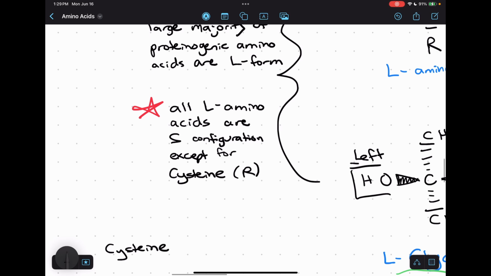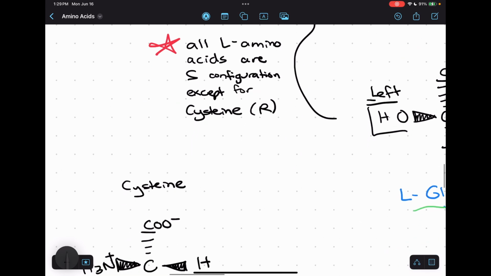It's important to know that all L amino acids are of an S configuration except for cysteine, which is of an R configuration. So we have the L/D configuration, and then we have the S/R configuration.